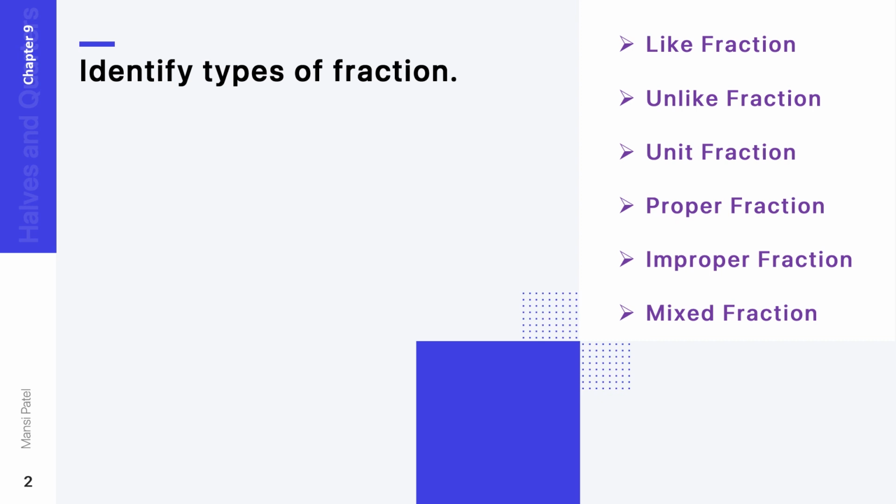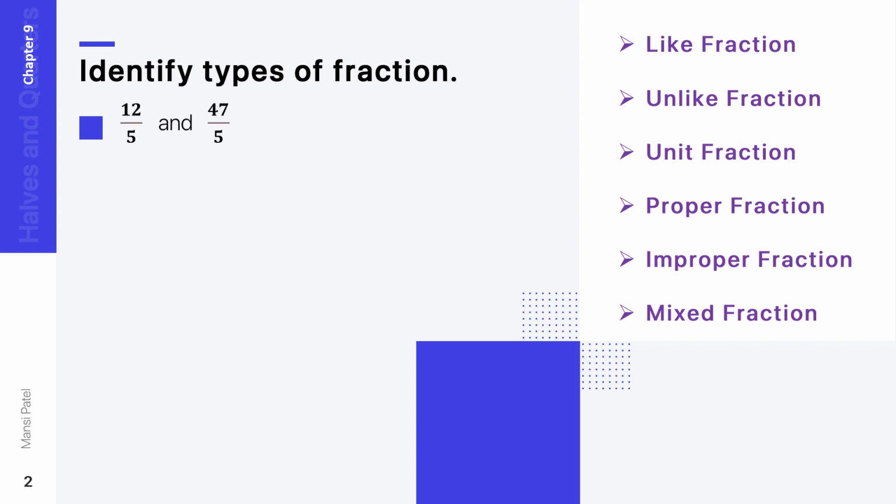These six types of the fraction we already studied in our previous lecture. So here I am giving examples to you, and you have to find out which type of fraction each one is.